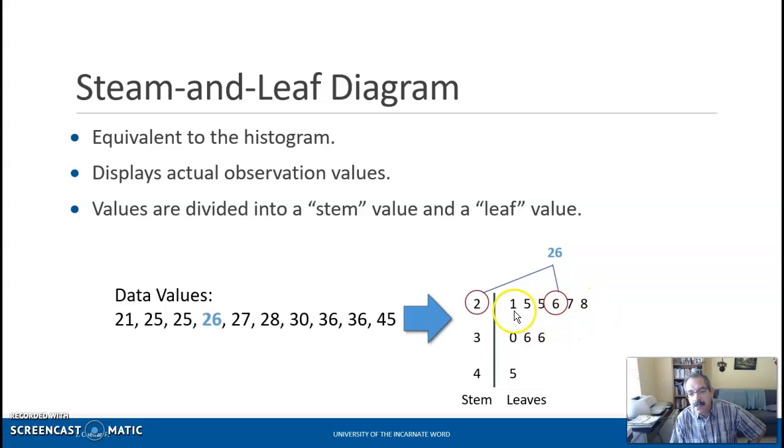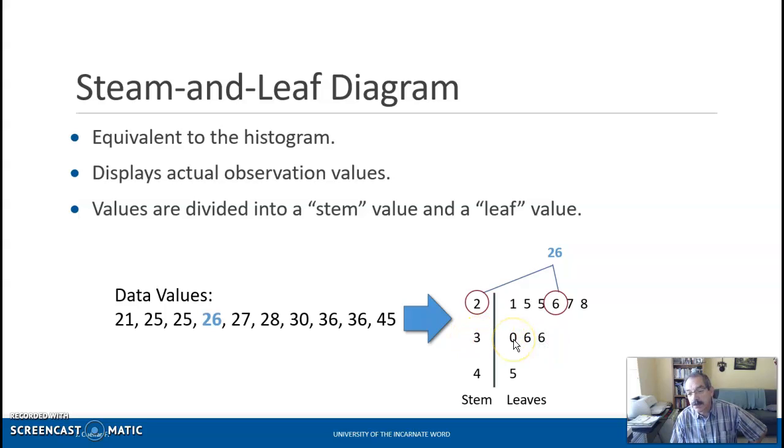The way you read it is, 2 1, that must be a 21. 2 5, that must be a 25, or like what I'm showing in this diagram, that 2 6 corresponds to 26. Now the next set of values get assigned to the 30s category, and so you have 0, 6, and 6.